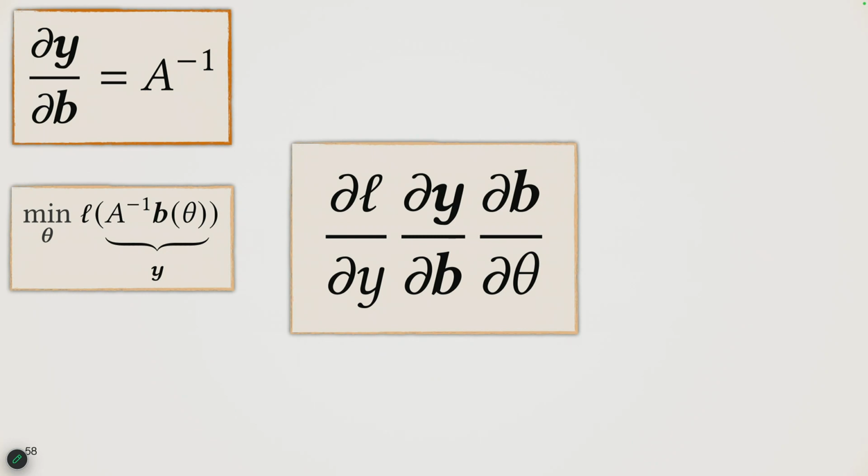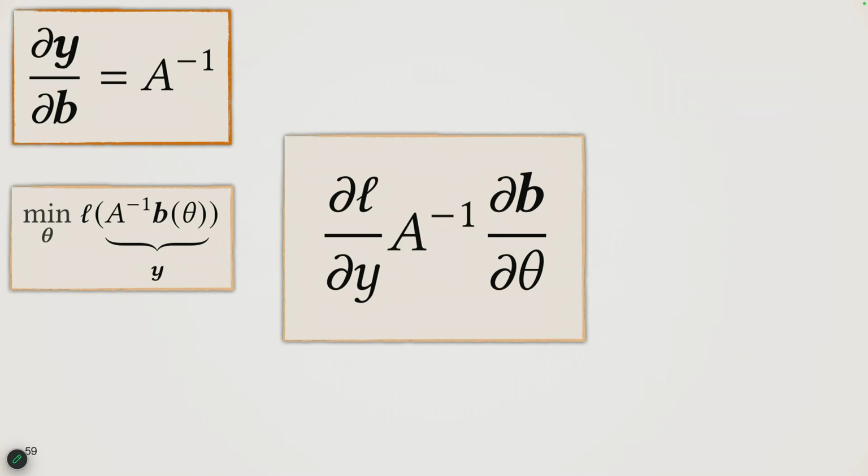You get this chain rule derivative here, and now we can plug in our A inverse into this expression. And so we get this expression, right? This is basically the chain rule you have to implement if you're trying to differentiate through a linear system with respect to the right-hand side, to step back and get the derivatives with respect to theta.